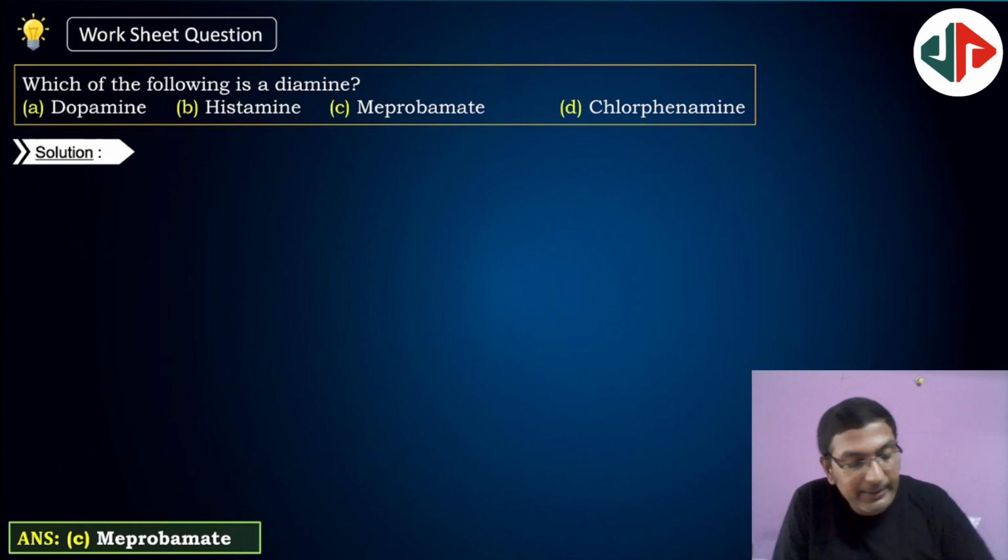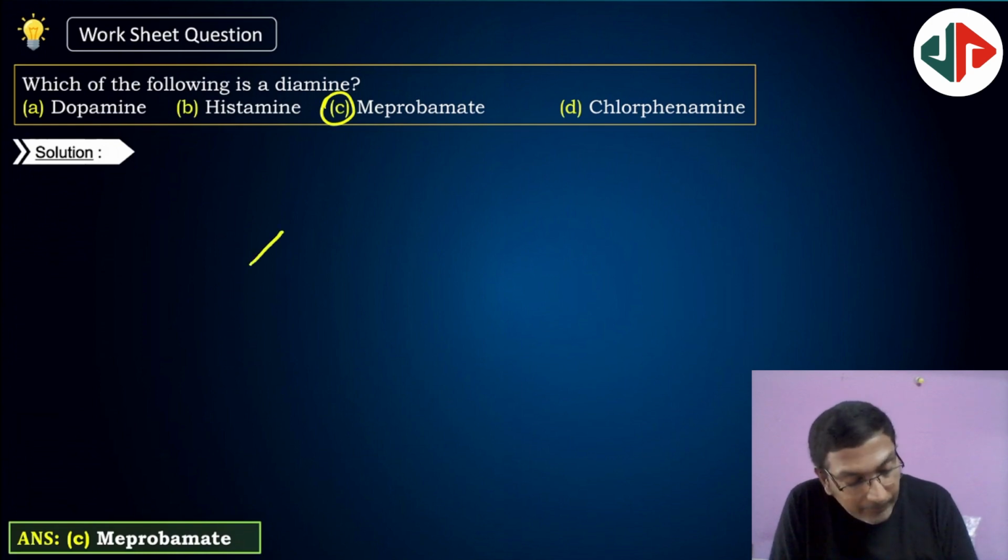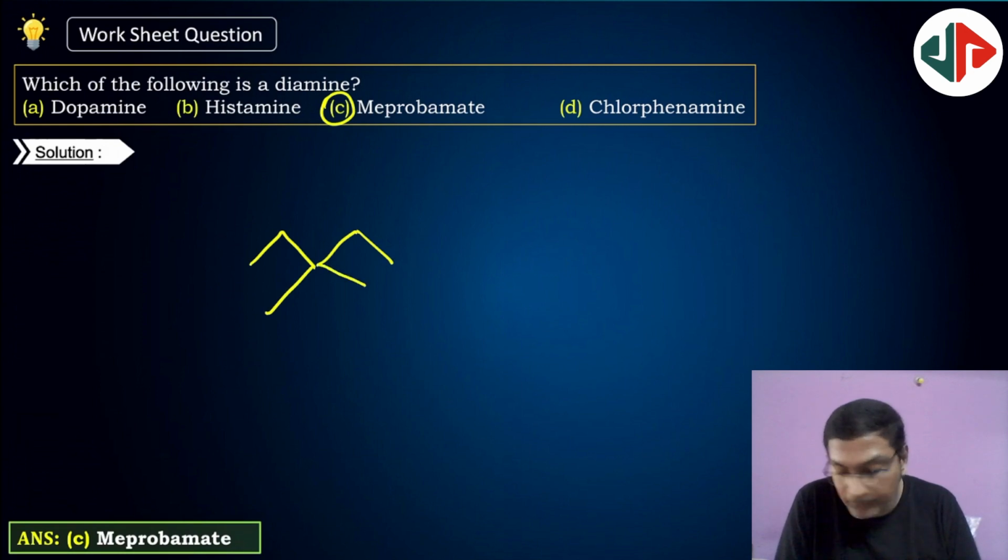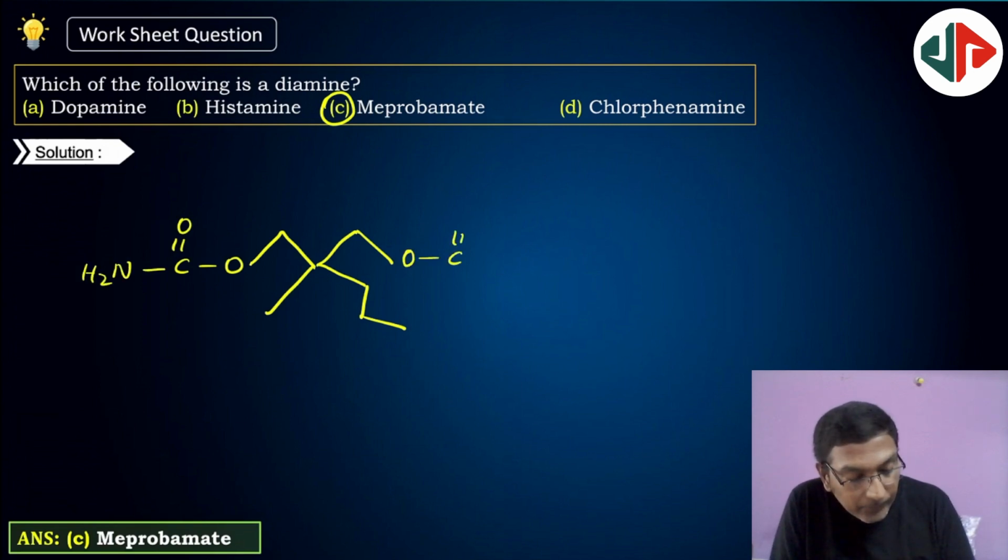So which of the following is diamine? Diamine: meprobamate. So here structure is methyl, propyl. Next here OCONH2, and here also same OCONH2.